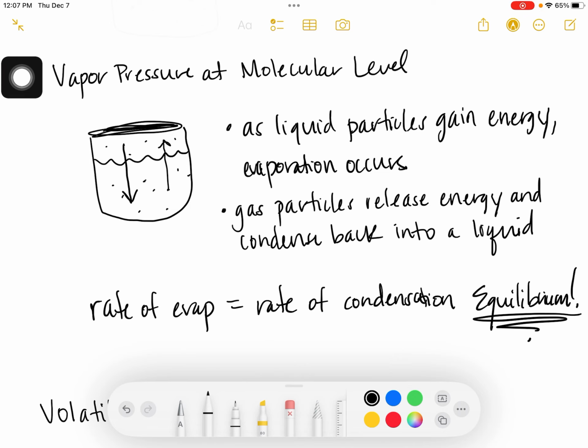So to the viewer of this capped water bottle, it sure looks like nothing is happening, when in reality, particles are evaporating at the same rate that they're condensing. And so there's always something happening in that capped water bottle, even though it looks to us just like a bottle of water. And this idea of equilibrium, of course, has a root word, which is equal.